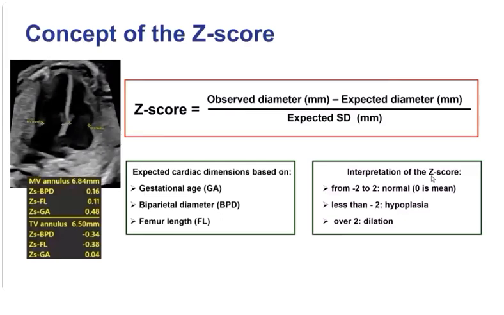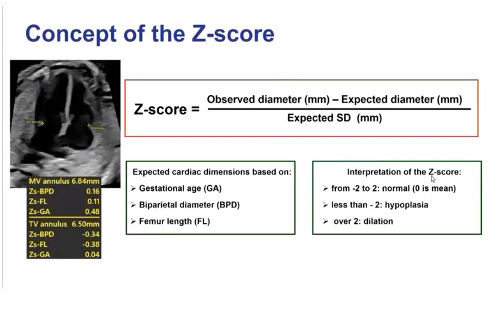Basically, this parameter tells us how different the measurement that we just obtained is for this gestational age or the fetal biometry, such as the BPD and the femur length, and whether it is within two standard deviations for those parameters. In other words, the interpretation of the z-score is that it's normal if the value is between -2 and 2, and the average is 0.